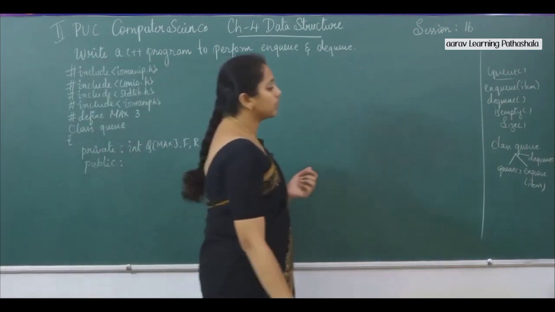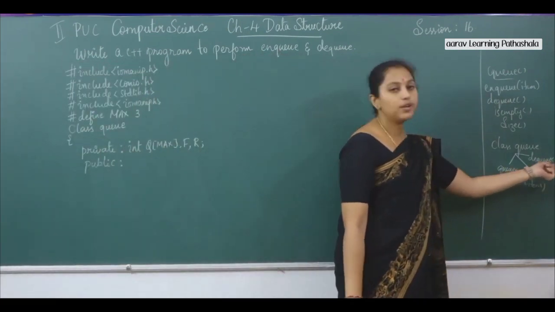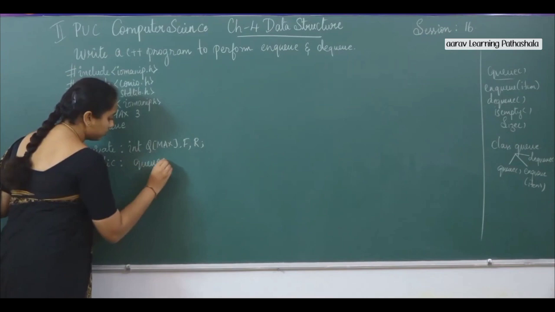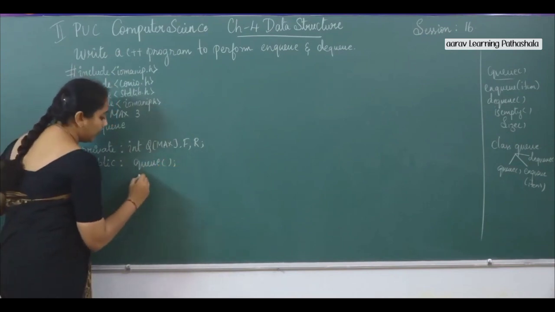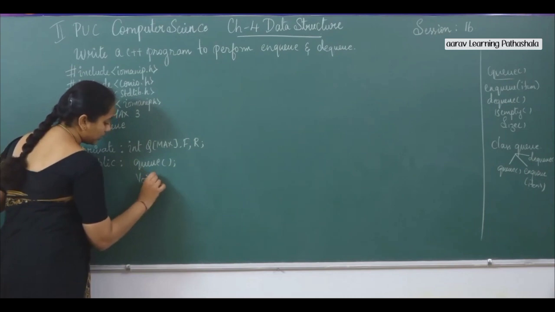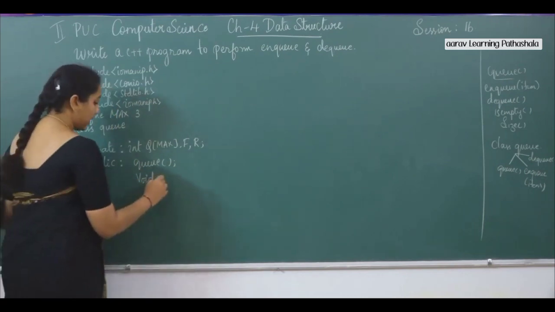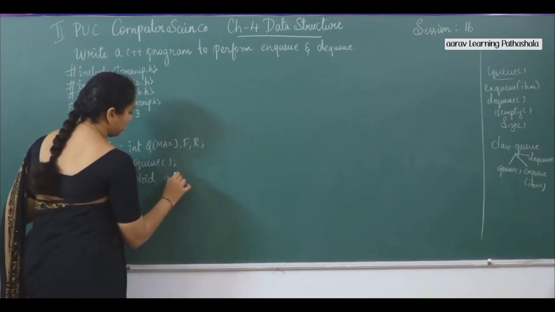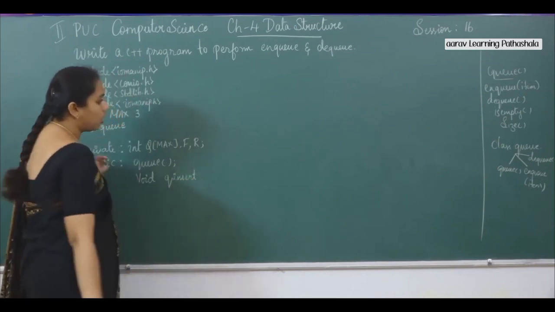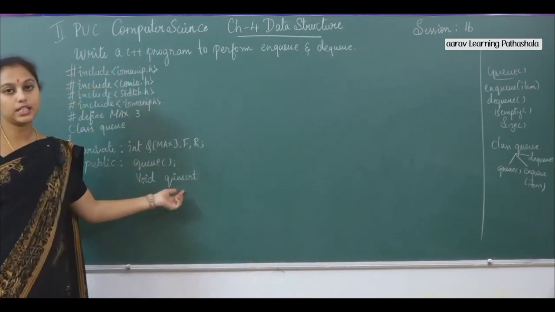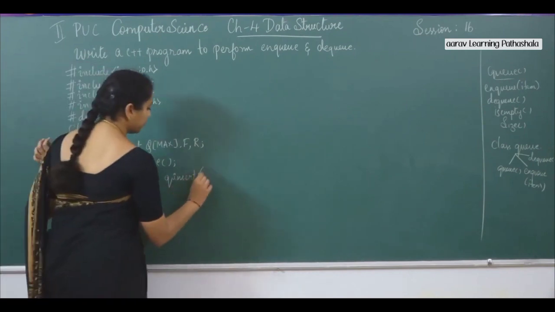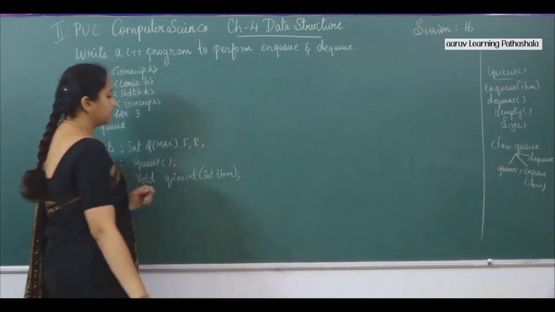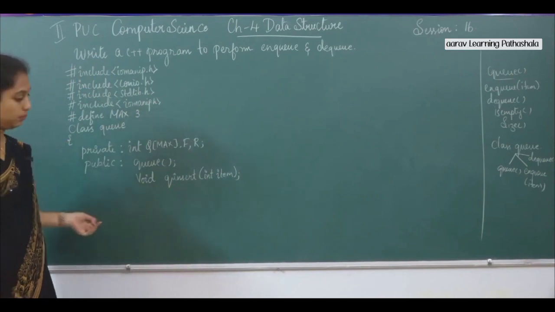So which are all the required functions? Q, NQ and DQ. Q, and the NQ function. It will not return any value, hence the return type is void. Q insert. So instead of NQ, I am going to write it as Q insert. Here it needs a parameter called item to insert an item into the queue.